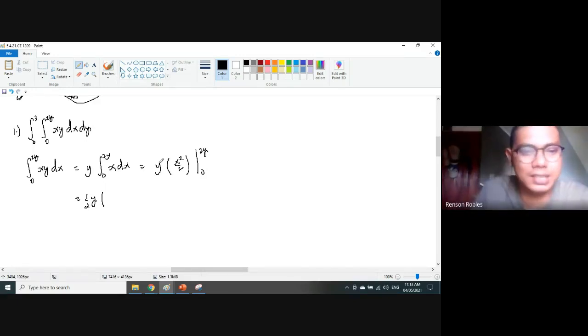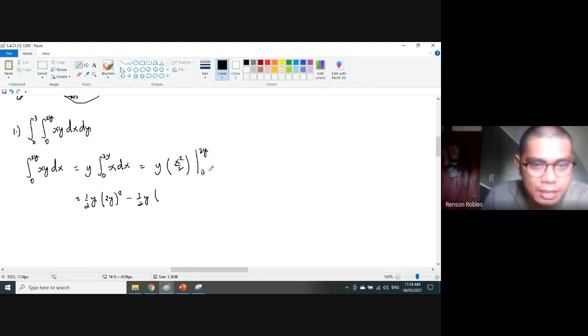In this case, it's x. So this x shall be replaced by 2y, then squared. Minus one half y times 0 squared, and I think this will become 0. So you only have 2 squared, that's 4. Then times one half, it's 2y. Y squared, y cubed.